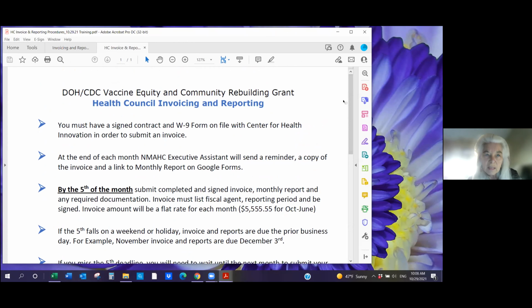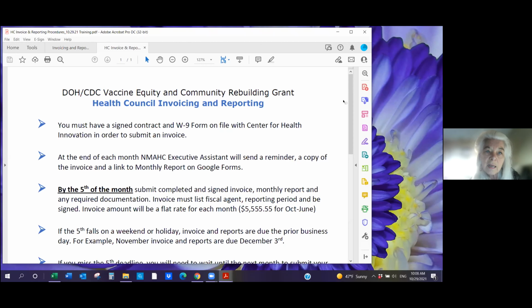The main thing to remember is you cannot begin invoicing until you have a signed contract from Center for Health Innovation. Center for Health Innovation's role is only to manage the contracts, but the Alliance will answer all the programmatic questions.